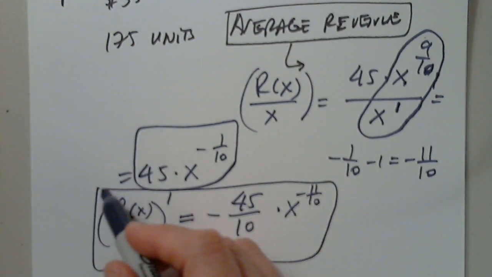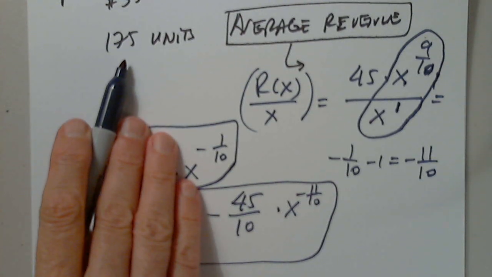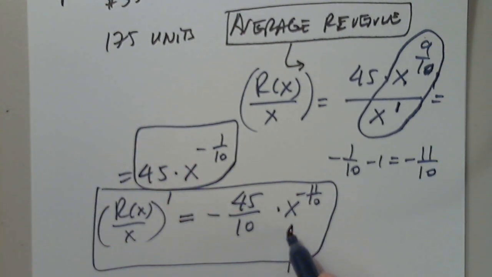Good. So this is the function. And now we have to plug in 175. So we will replace this by 175. Careful how you do that, please. So we have in parentheses -45 divided by 10.